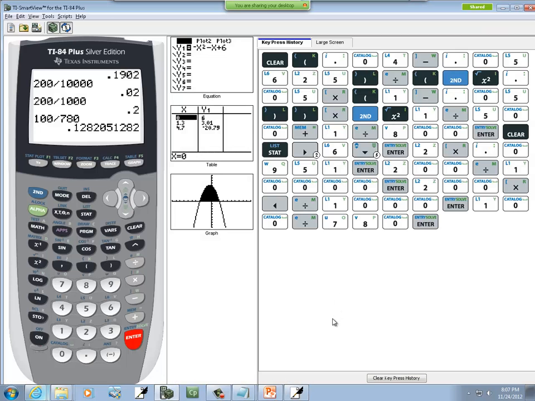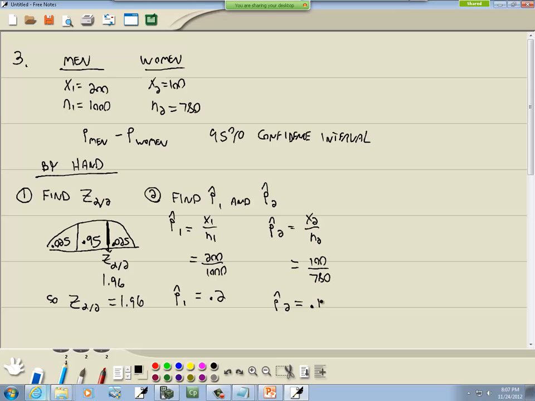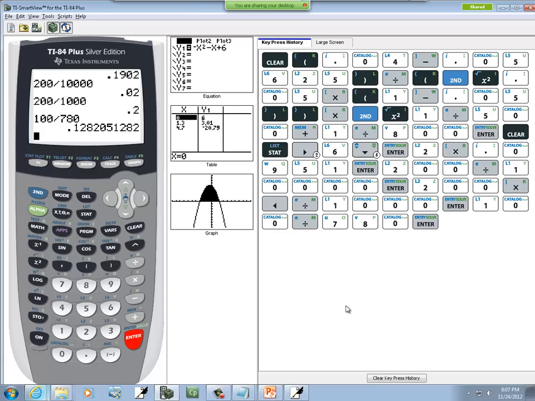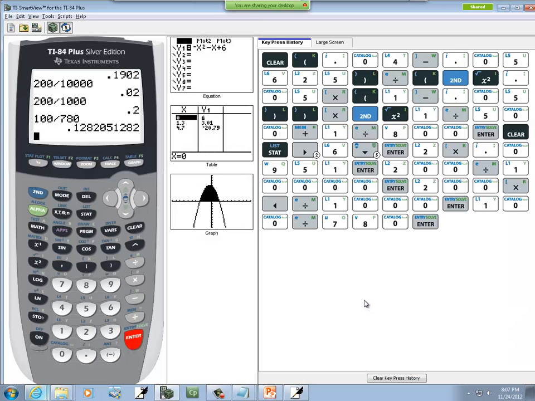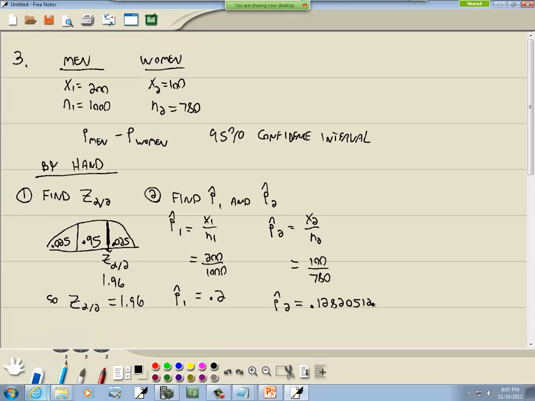Not very nice. 0.1282051282. I could just leave it as 100 over 780. It might be better, but oh well.